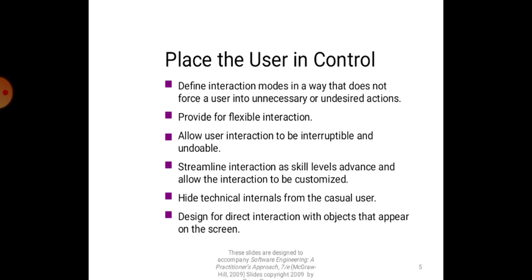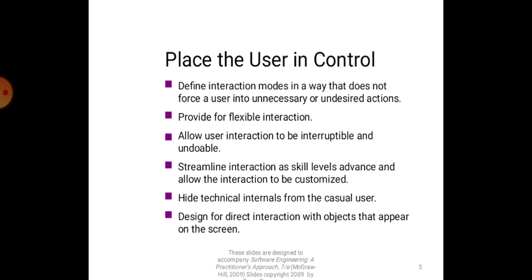Point number 3. Allow user interaction to be interruptible and undoable. Students, even when involved in a sequence of actions, the user should be able to interrupt the sequence to do something else without losing the work that had been done. The user should also be able to undo any action. Point number 4.